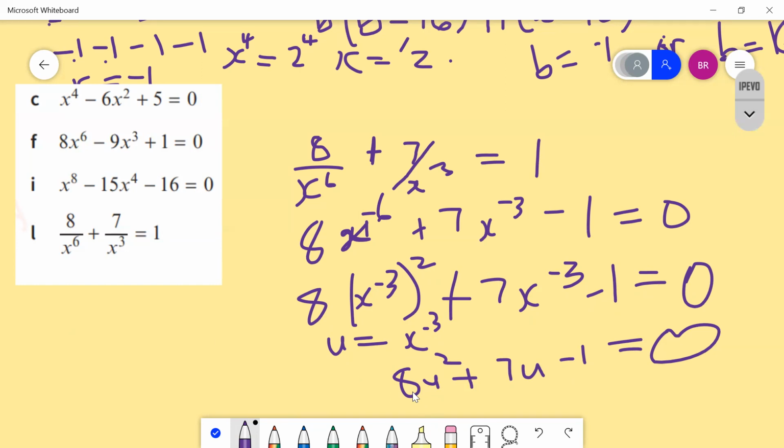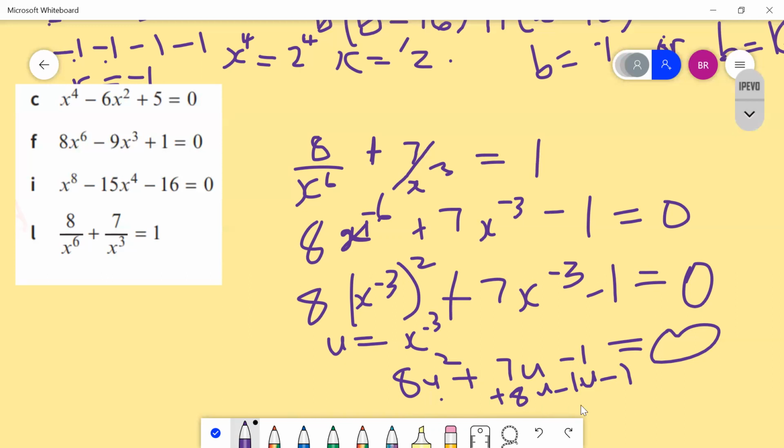Therefore, the factors are 8 and minus 1. Yes, that's correct. So instead of putting 7u, I'm going to say plus 8u minus 1u, or minus u, then we say minus 1 there.